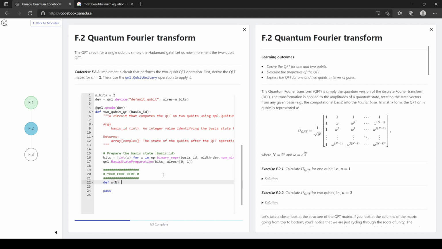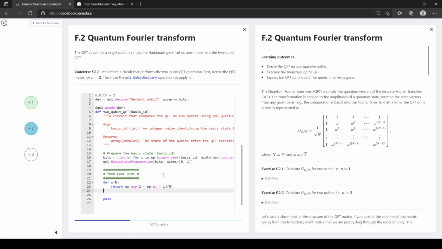W of n is the exponent of 2 times pi times 1j over n. So then we have our matrix. I'm just thinking n is 4 in this case, right?